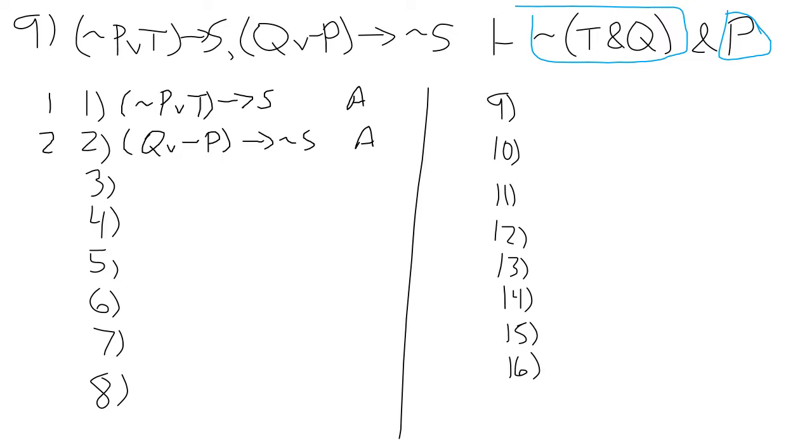So what we're going to do is try to prove the first side, which the main operator there is a tilde, so we're going to do a tilde in. So we're going to assume its opposite and try to prove a contradiction.